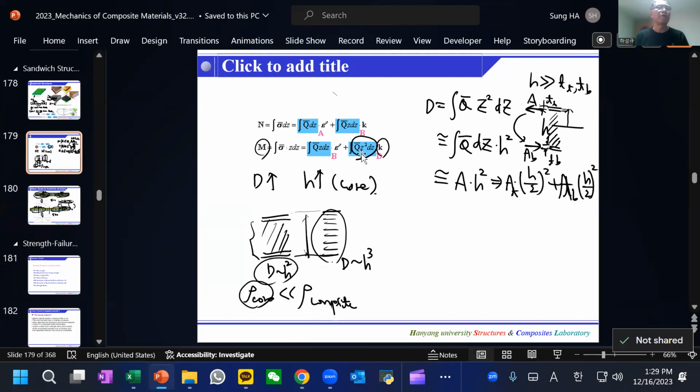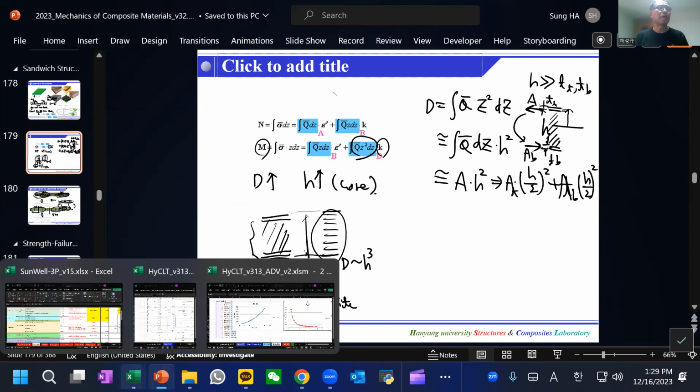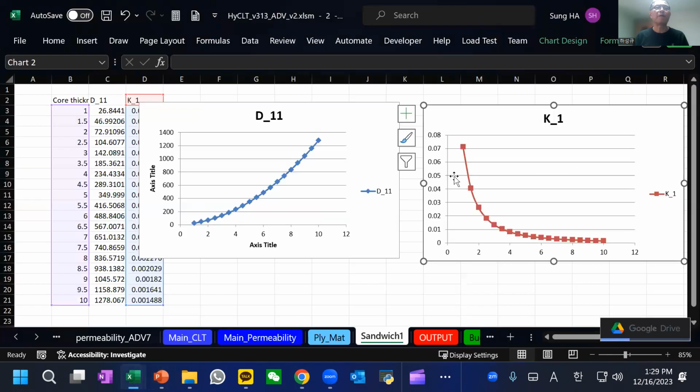Since this is a parabolic increase, for the same moment the curvature will be 1 over square. So the behavior will be like this. As you can see here, the core thickness is very effective, and the density will be very low. We don't have to calculate, but from here you can see how effective it is.